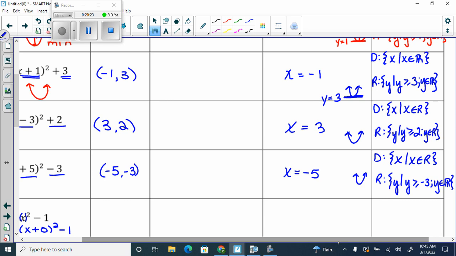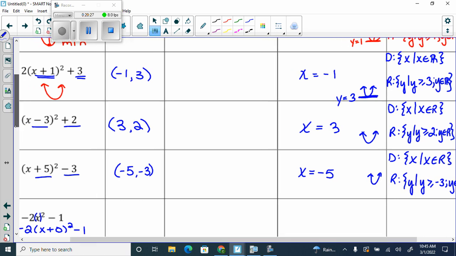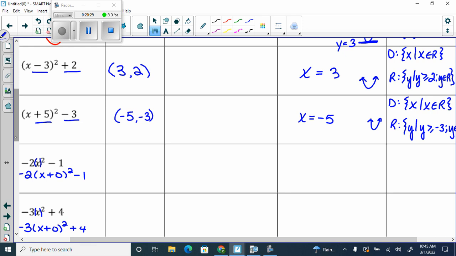Leon, you're my next victim of the math. Is this one concave up or concave down? It's down because of the -2. What's my vertex at? You got it. What's my axis of symmetry at? X equals 0.